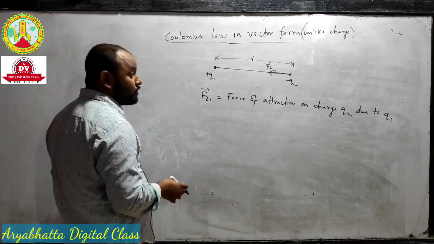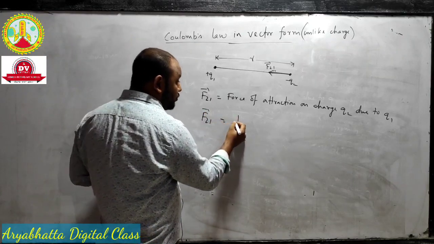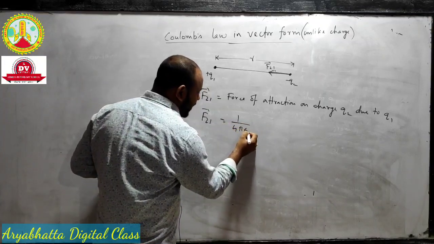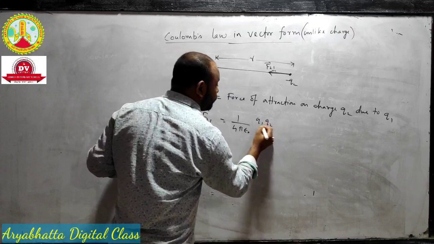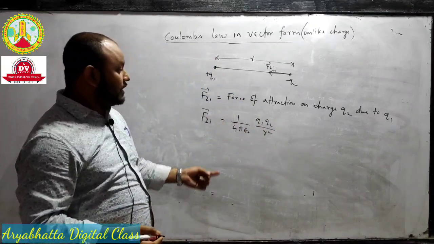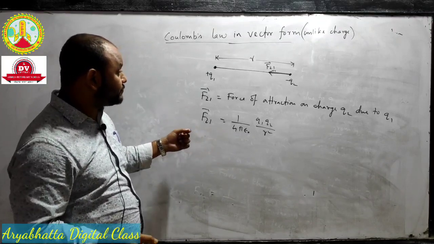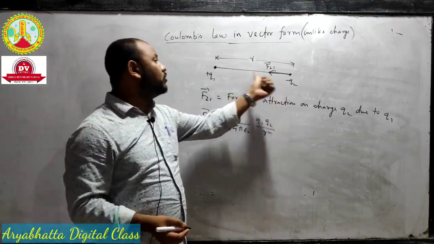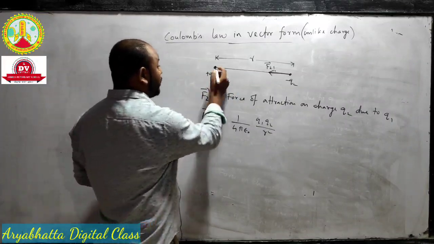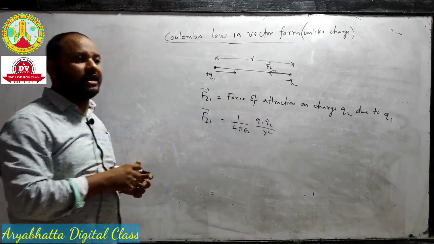If you write it in vector form, the magnitude of that force will be 1 by 4 pi epsilon naught Q1 Q2 by r square. The direction of the force is from Q2 to Q1, and the position vector is always from the origin, the source that creates that force.